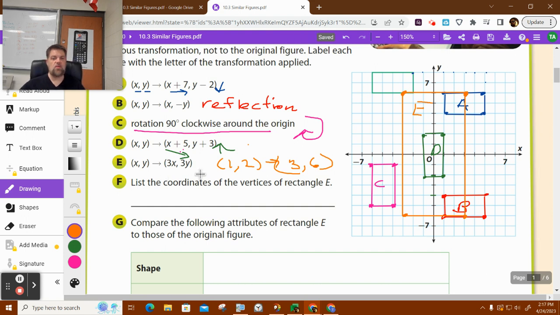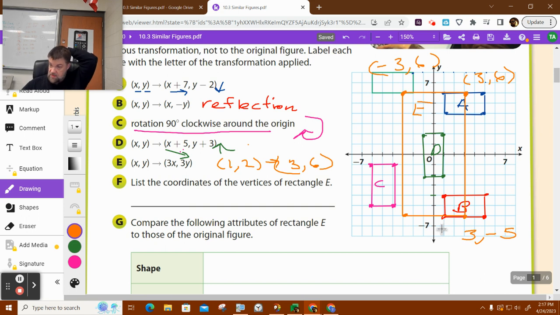It says, list the coordinates of the vertices of the rectangle E. So over here, I've got the coordinates 3, 6. Over here, I have negative 1, 2, 3, negative 3, 6. Down here, I have 3, 1, 2, 3, 4, 5, negative 5.